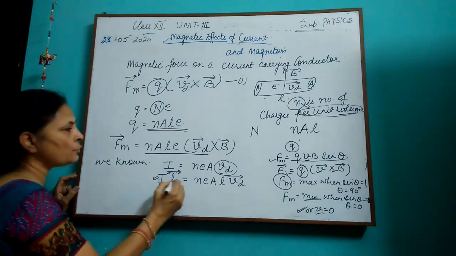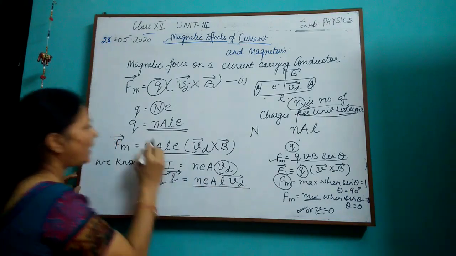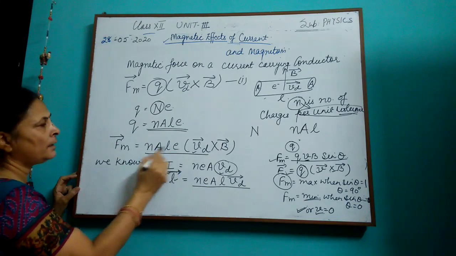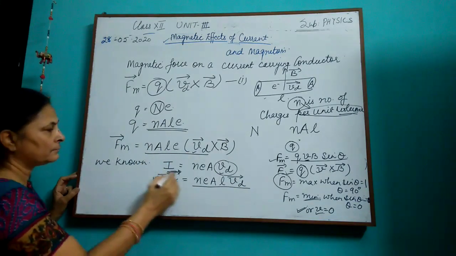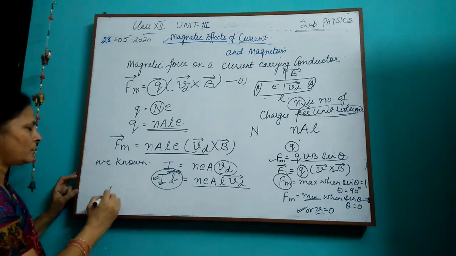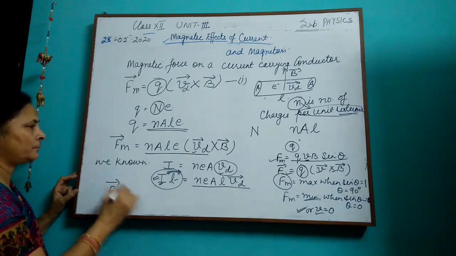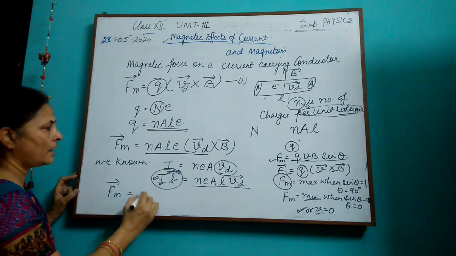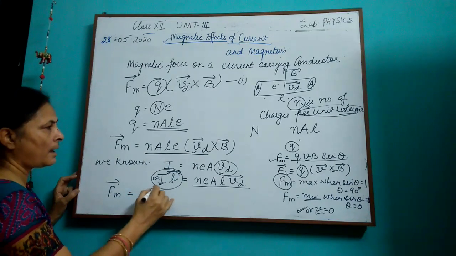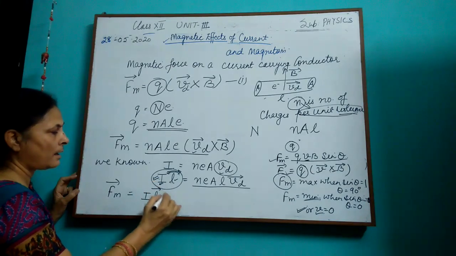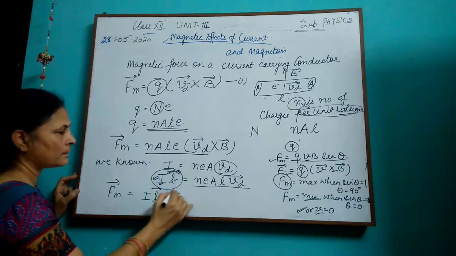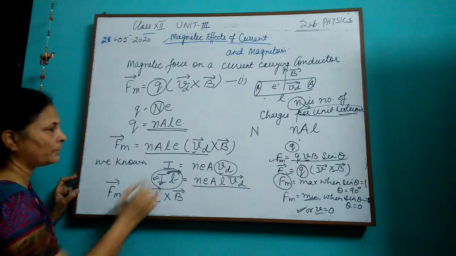Now substitute NeALVd. This will be replaced. So Fm is equal to I L cross B. We can write it there.